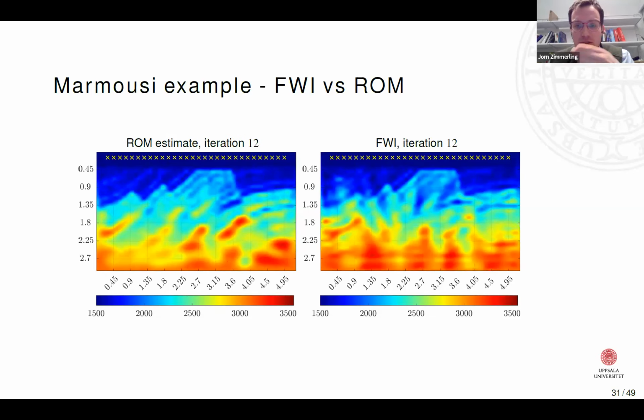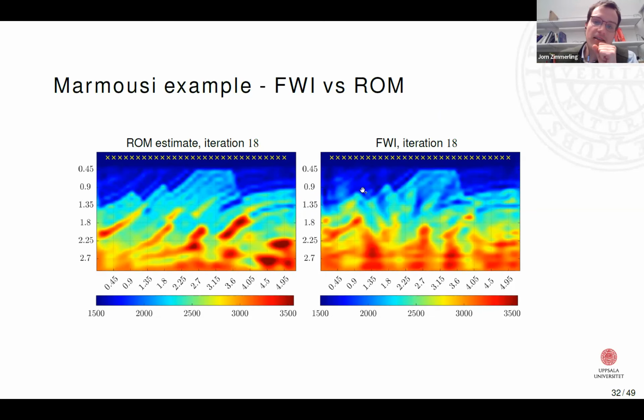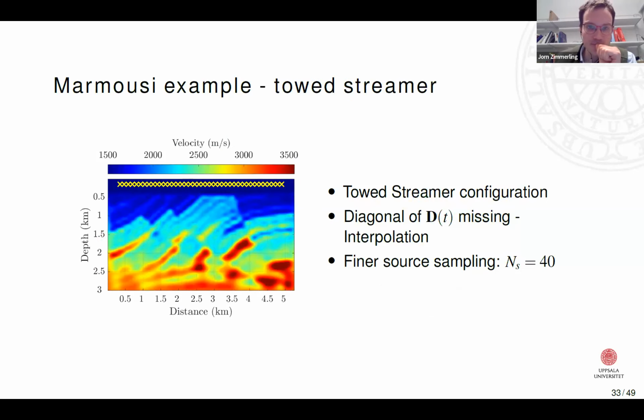But then as you go deeper and deeper and iterate more and more, the reduced order model gets an edge over the FWI that gets stuck in a local minimum. And especially in the middle of the image, there are a couple of fast inclusions that the reduced order model is able to fill out, and FWI, with the same regularization, fails to. Of course, you could add fancy regularization schemes that would help FWI out here.